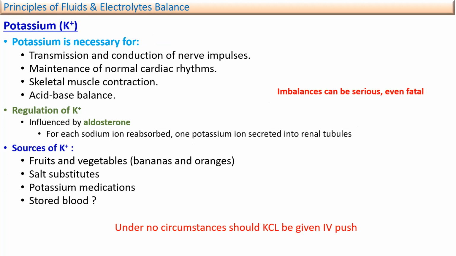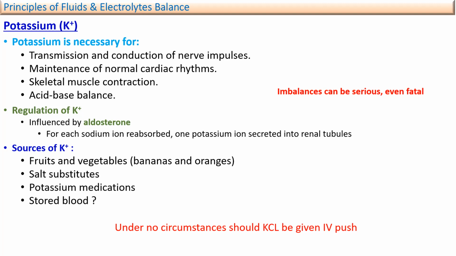Now, the regulation of potassium is influenced by aldosterone, in which we said that aldosterone functions to retain sodium and water and to allow the excretion of potassium through the kidneys and urine.